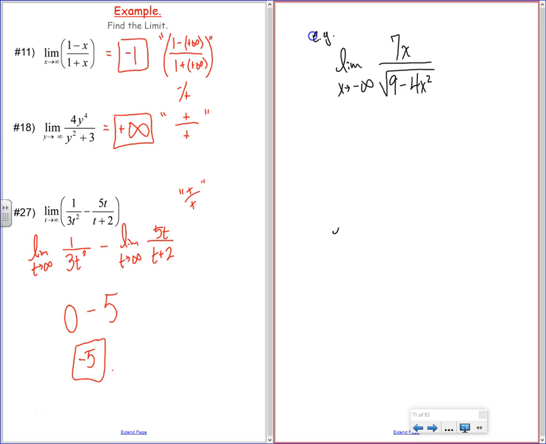Then I want you to graph it and see if what you think is going on is actually going on. Did you graph the first one yet and see if what you thought was going on was actually going on?